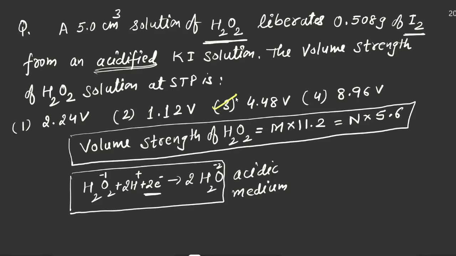See what we did here. We have volume of H2O2 solution. So we multiplied by normality. We have weight of iodine. So we divide it by equivalent weight.